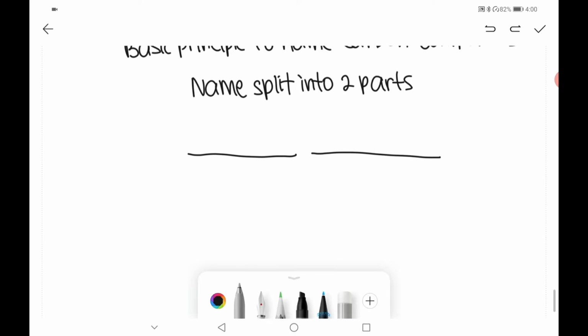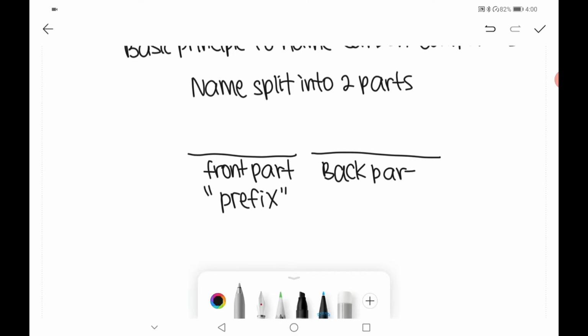The front part is called the prefix. When you see the word prefix, it means the front part. The back part, they call it the suffix.